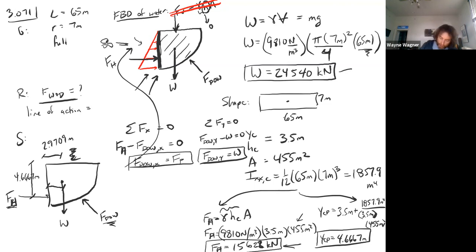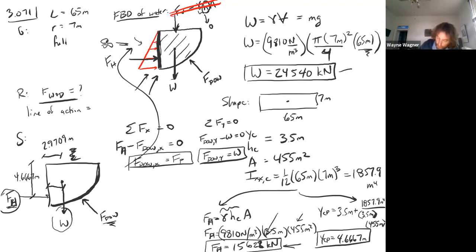What is this thing pushing against? It's pushing against two things. It has to support this weight, and it has to push back against this horizontal force. That's it. Getting these numbers is more complicated, but conceptually that's all that's going on here.